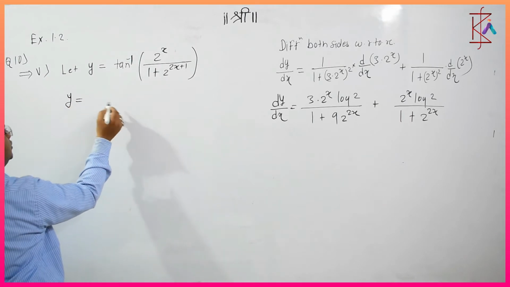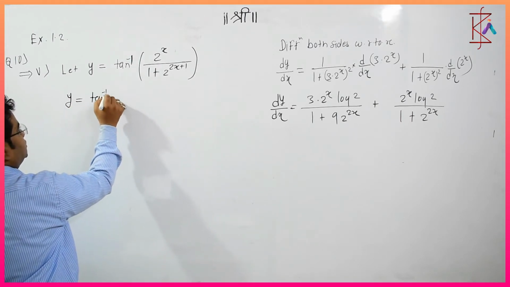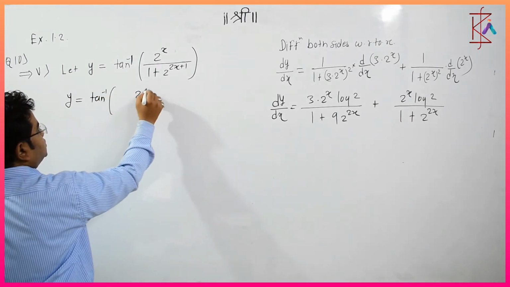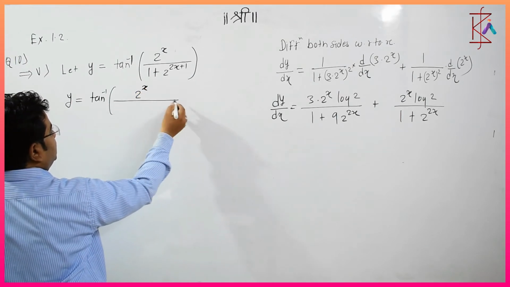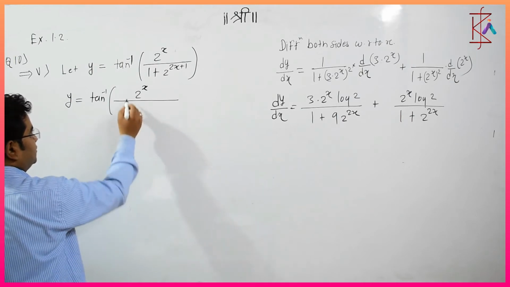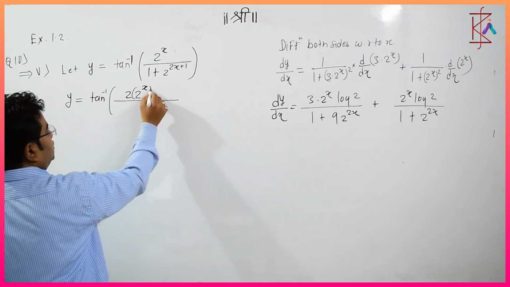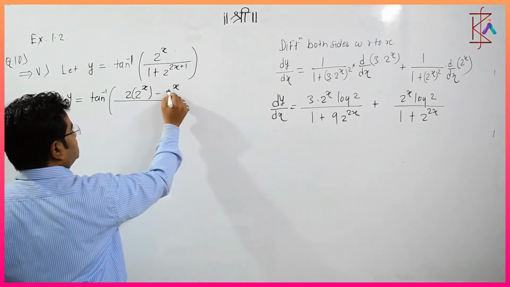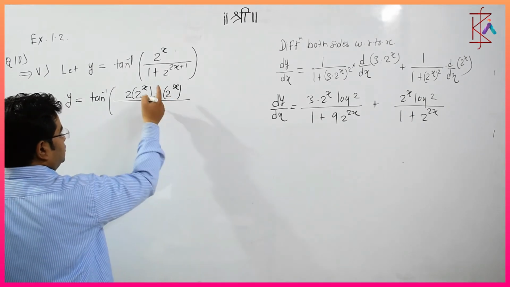y is equal to tan inverse of 2^x divided by, so this 2^x should be subtracted from 2 minus 2^x. Why I am doing this, you will see.